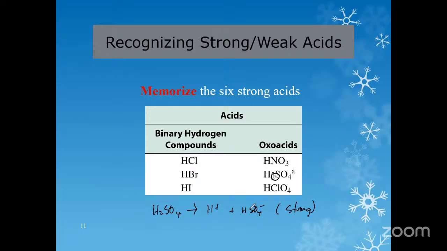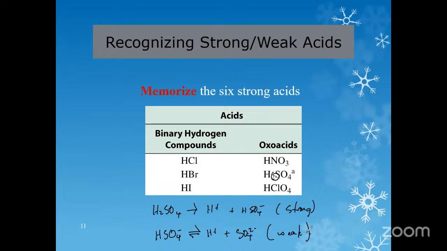But the second dissociation, where this loses a hydrogen ion, is weak. So that's why I'm using the double arrow representation here to get H plus and SO4 2 minus, right? So the first dissociation is strong in the case of sulfuric acid, but the second dissociation is weak.